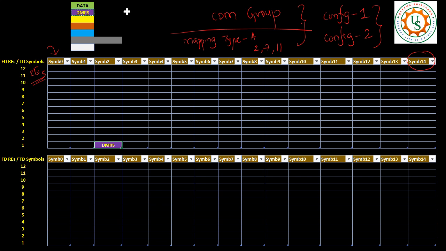You will understand if a higher bandwidth is given. Now, since it is config type 1, how are my DMRS allocated? As I was explaining in the previous video, in alternate REs, starting with the first subcarrier, it will be allocated. Let's say this is the case for port 0.